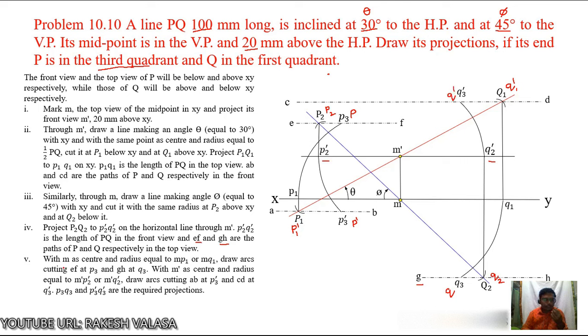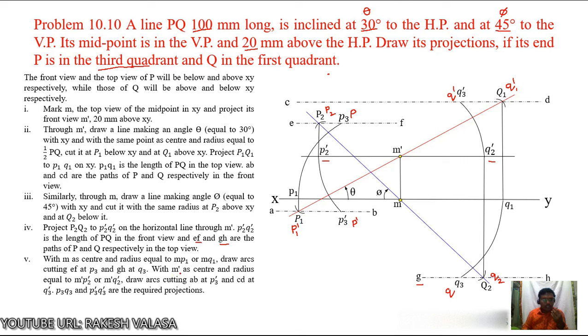You can read the statement: with M as center and radius equal to MP1 or MQ1, draw arcs cutting EF at P3 and GH at Q3.